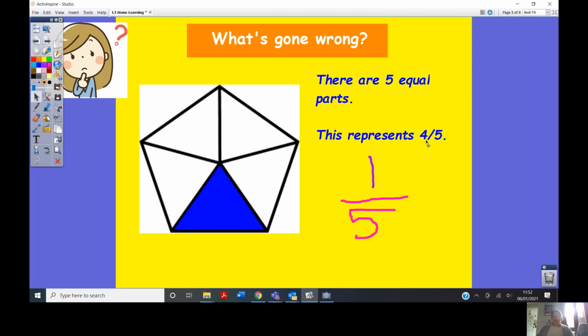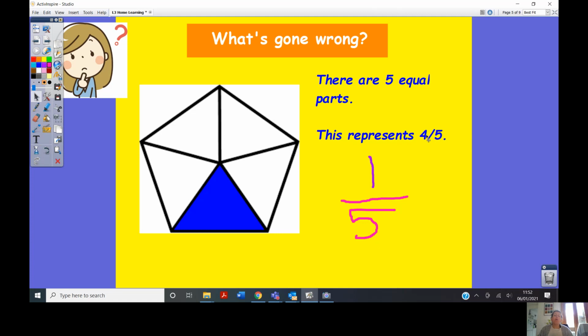What do we think could have gone wrong with this statement? Some time to think. What's happened here is that instead of counting the parts that are shaded, we've counted the parts that are not shaded.